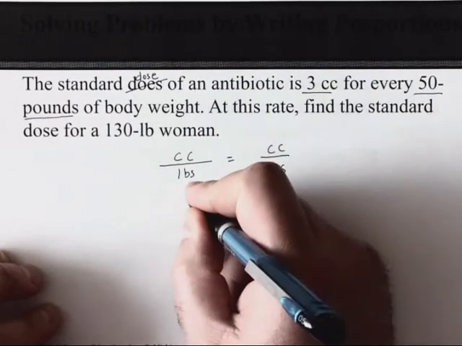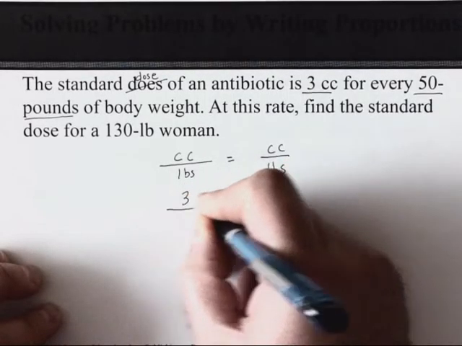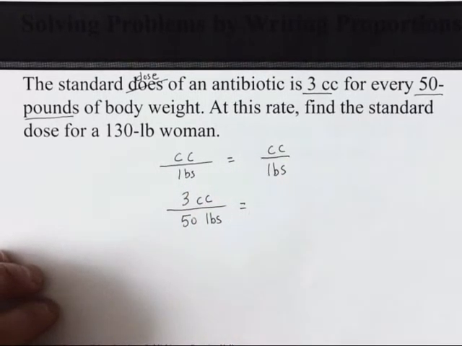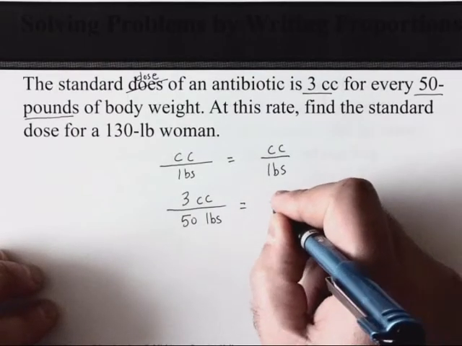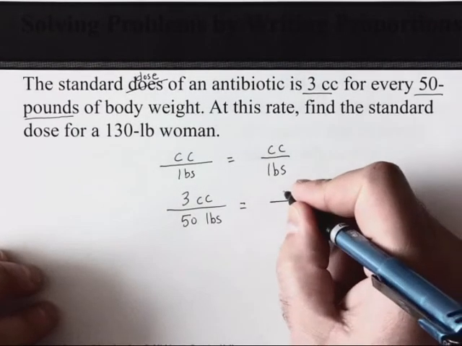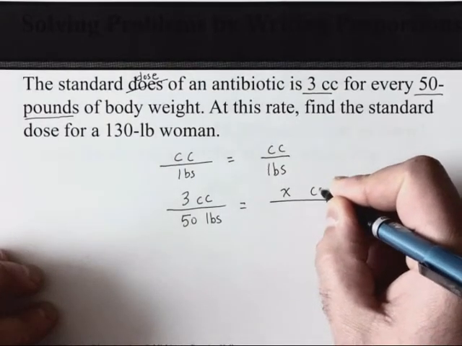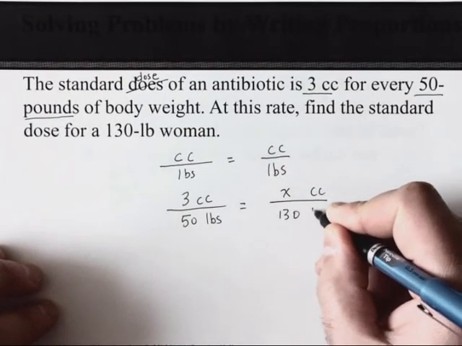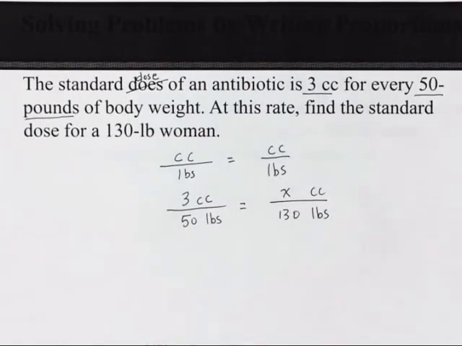We're comparing those two quantities. And then the other ratio: at this rate, find the dose. So X number of cc's for a 130-pound woman. So that's what our proportion is going to look like.